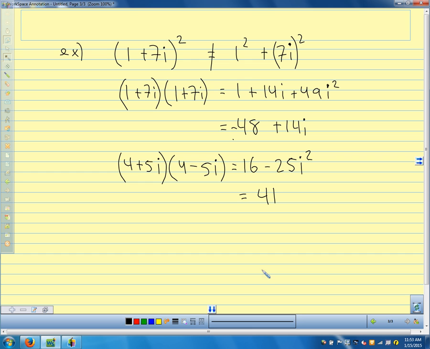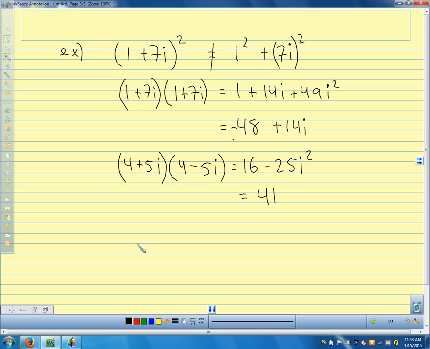I end up with a real number. No imaginary part. Do we remember what we call complex numbers that are related like this, where the sign on the imaginary part is opposite? That's what we did here, we end up with a difference of squares. The conjugate. These two are conjugates of each other.